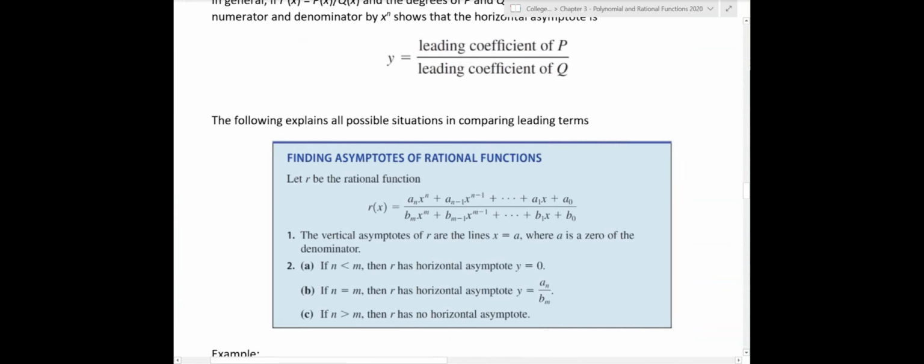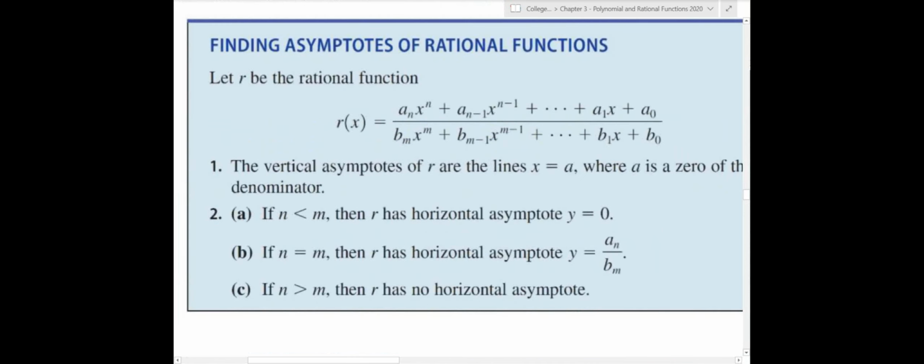All right, so the first concept here is you're going to let your rational function be of this format, where you have a polynomial at the top and a polynomial on the bottom. This is the generic polynomial format that we've seen in the past. The one on the bottom is identical, except for using b instead of a and m instead of n, so we can differentiate and talk about the top and the bottom easier.